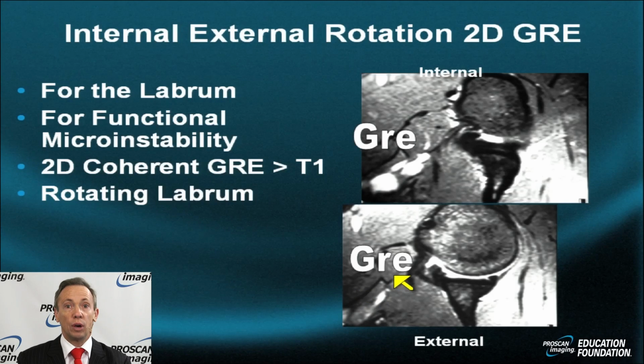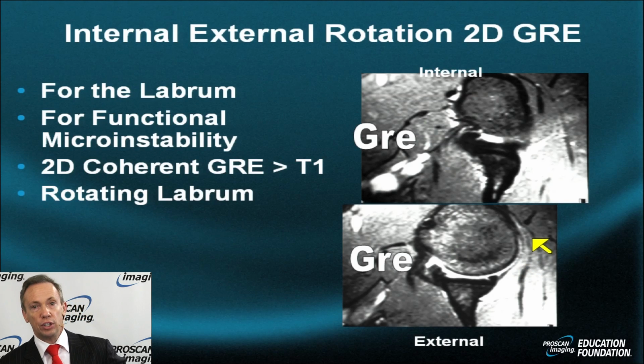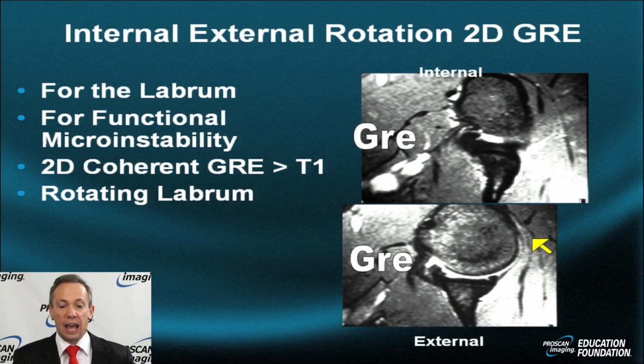Another view that we may resort to is the internal and external rotation view. An easy way to achieve this is to put the arm behind the back and with the thumb up, external rotation, with the thumb down, internal rotation.